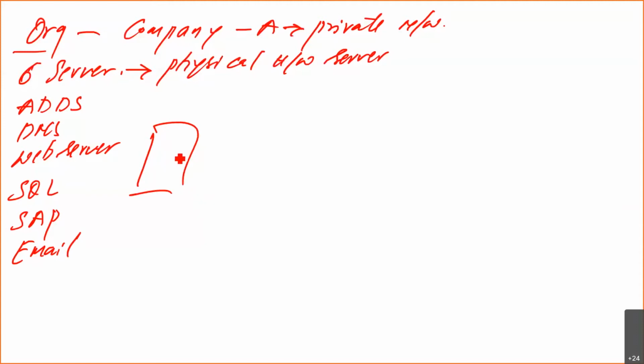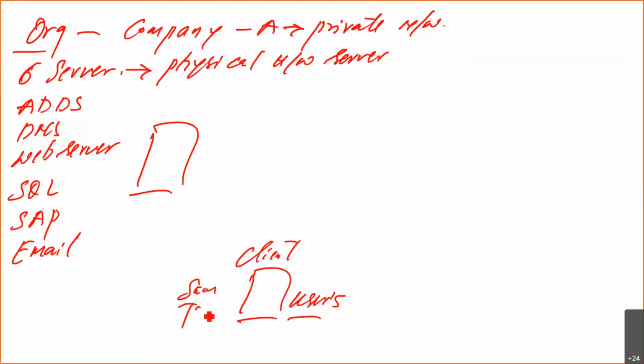If I install all 6 services on this machine, it is called Active Directory server, DNS, web server, SQL server, SAP server, and email server also. So when my users are using desktop machines, client machines, guys, for example Sam is sitting on this machine, John is sitting on this machine.